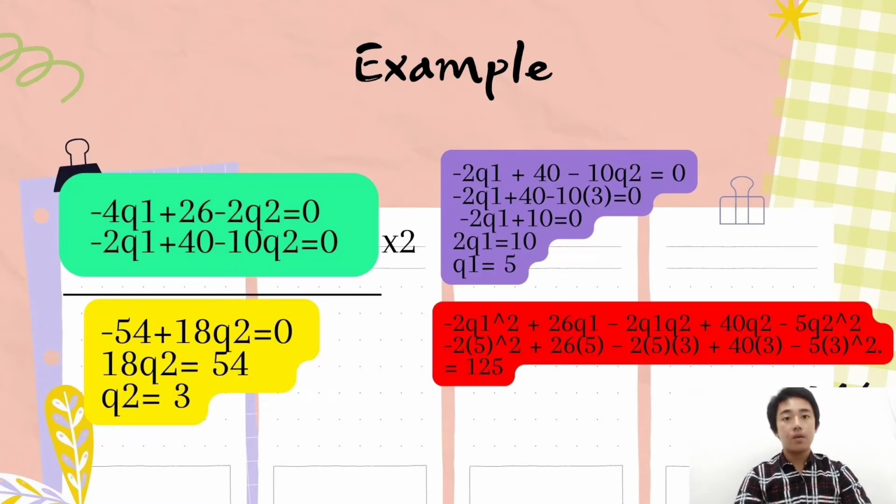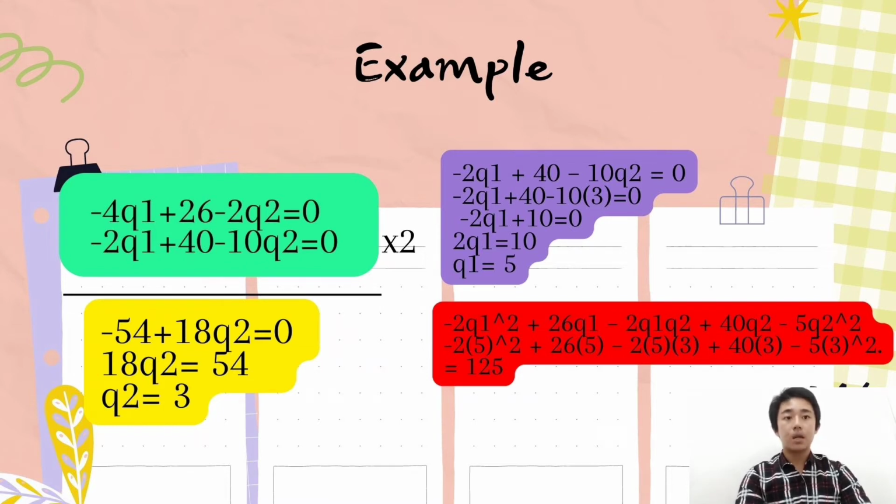Now we're going to find the values of Q. So we have negative 4Q1 plus 26 minus 2Q2 equals 0, and negative 2Q1 plus 40 minus 10Q2 equals 0. I'm going to look for Q2 first.